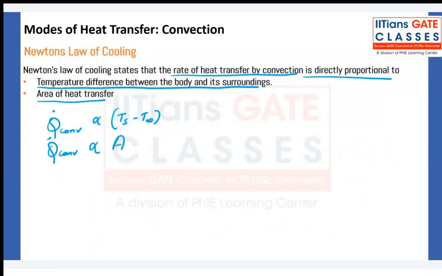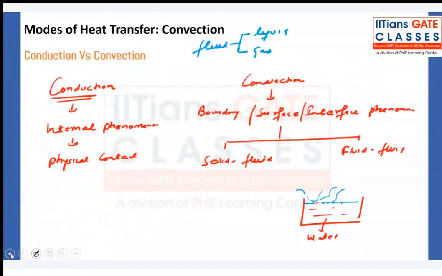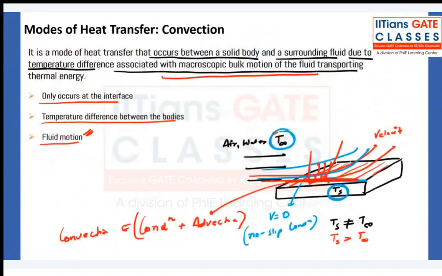What area? The area that is exposed to the fluid. For example, you see this area, this area. This is exposed to the fluid. Whatever area is exposed to the fluid is the area of heat transfer.